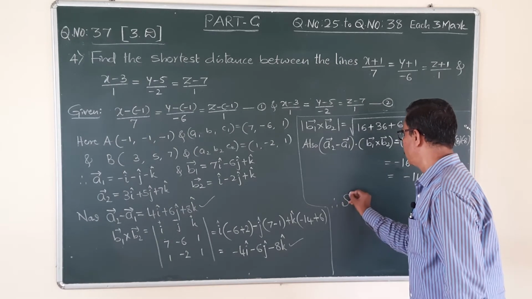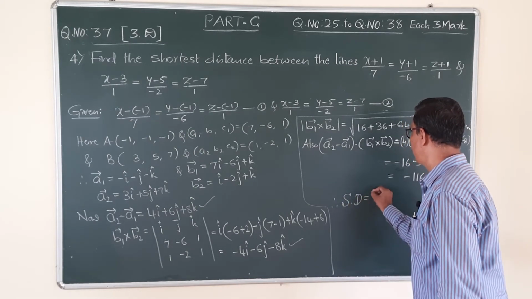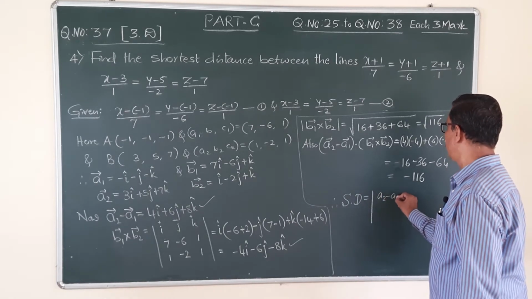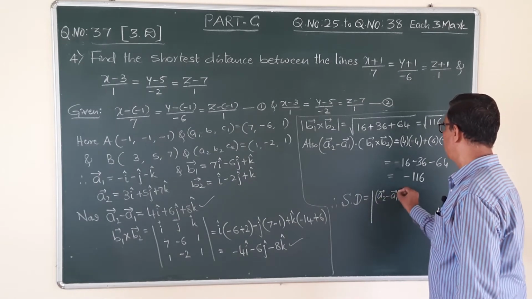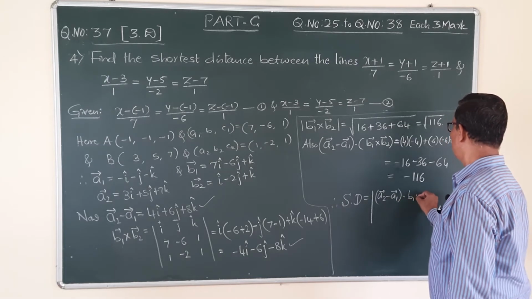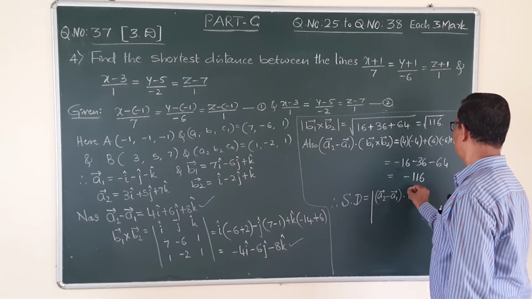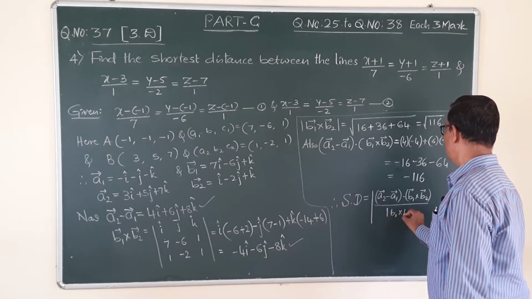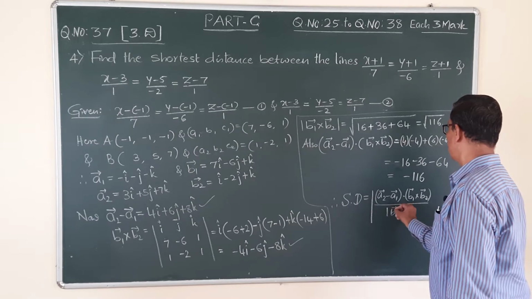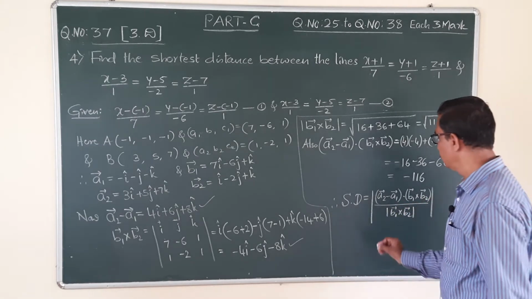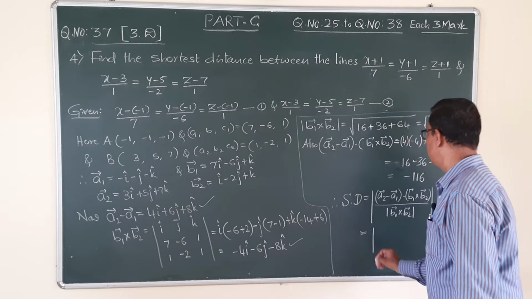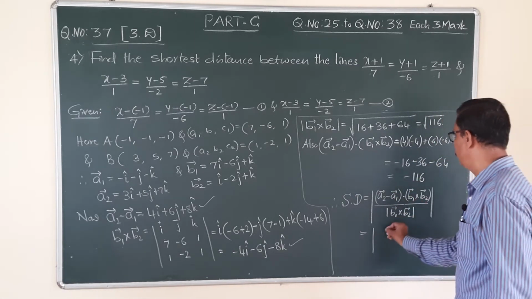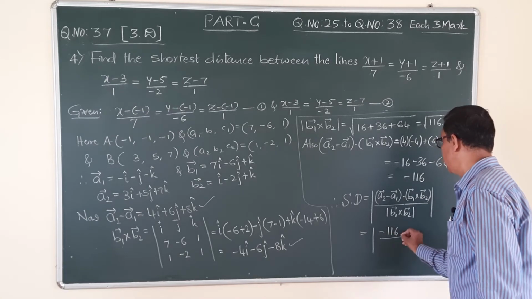Therefore, you know the formula, shortest distance between two lines is given by the formula modulus of a2 minus a1 dot b1 cross b2, divided by the magnitude of b1 cross b2. Okay, that is equal to modulus of a2 minus a1 dot b1 cross b2 value, minus 116.